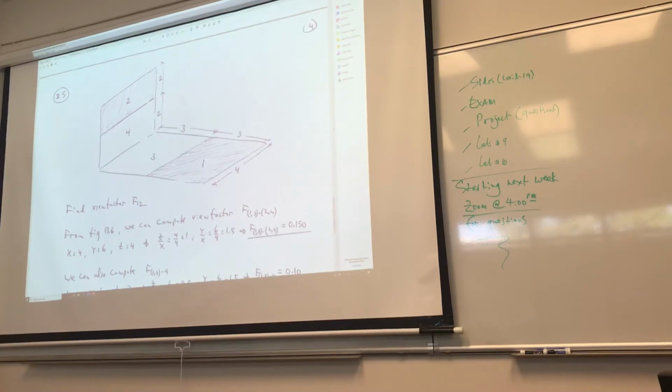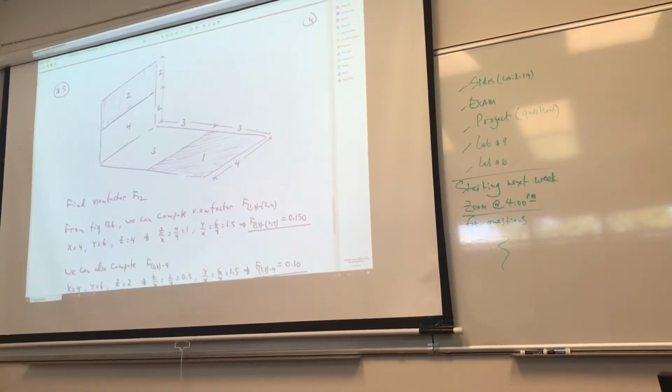Like, what is the fraction leaving 1 plus 3 that gets received by 2 plus 4? Okay, does that make sense? So you're looking at everything that is going from the bottom to the vertical surface. Again, by looking at figure 13.6, you find that it's 15% of the energy that leaves 1 plus 3 that gets received by 4 and 2.